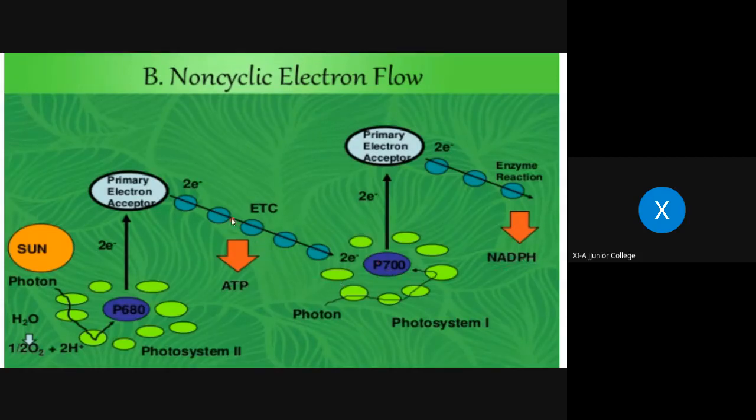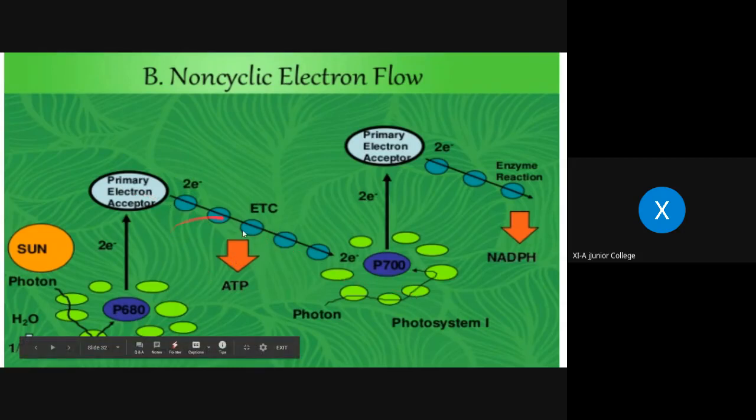From the primary acceptor of pigment system 2 to pigment system 1, ATP is produced. Whereas from pigment system 1, the energy produced during the transportation of released electrons is NADPH. How it takes place, I will show in another diagram. It is similar, but the little difference is that it is non-cyclic.